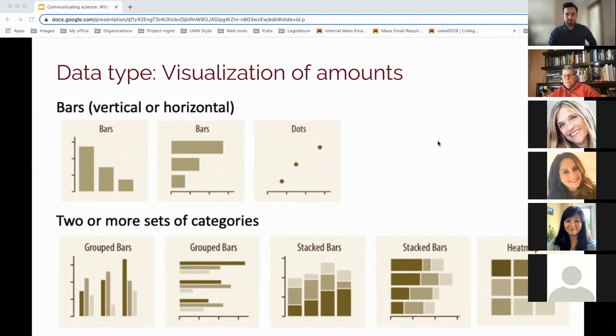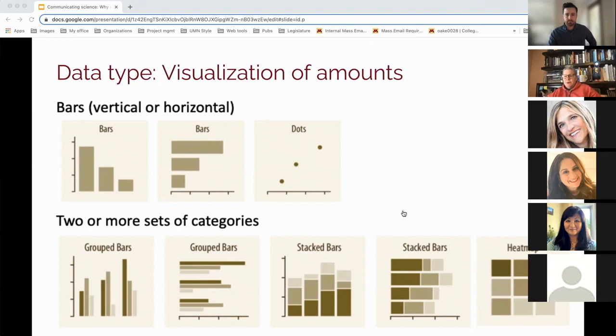Occasionally, we'll have two sets of categories where we'll look at group bars. And in our science, we often get to things that are more complicated, like stacked bars or heat maps or other ways to really look at the relationships.